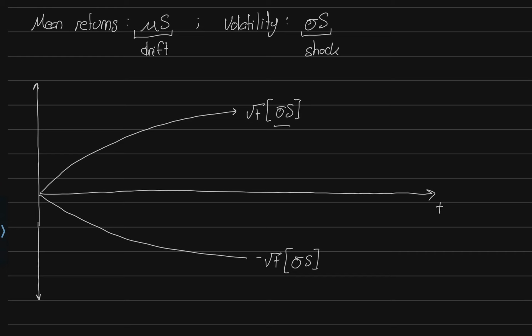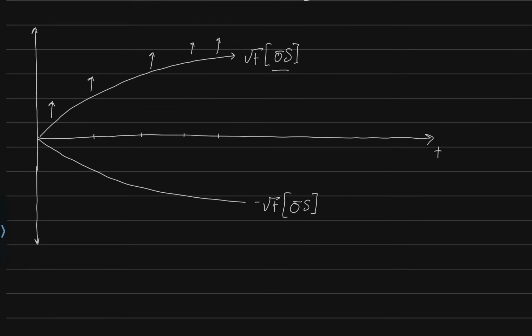So depending on what this constant is, my 64% probability at every single point can either go up, meaning I'm less certain that my stock price is going to fall within a range at every moment in time, or it can go down.